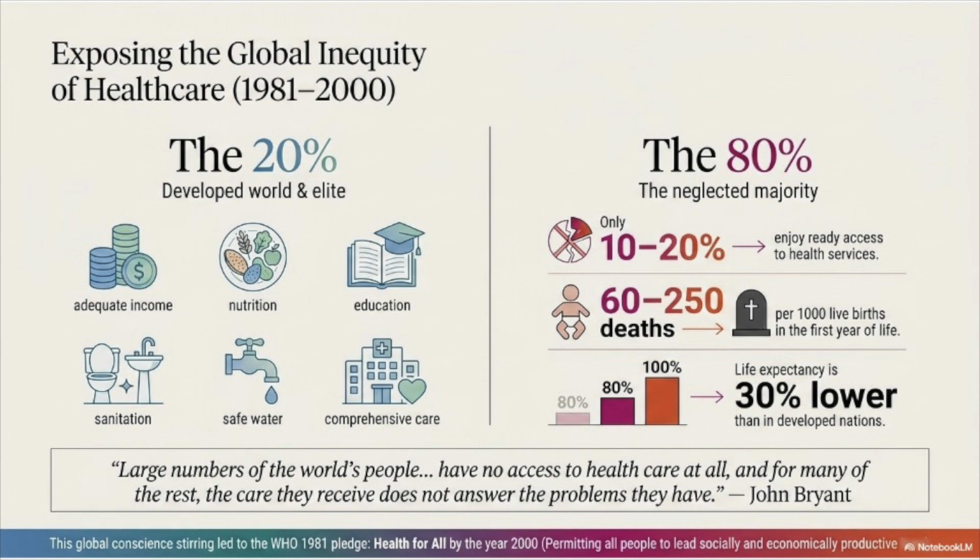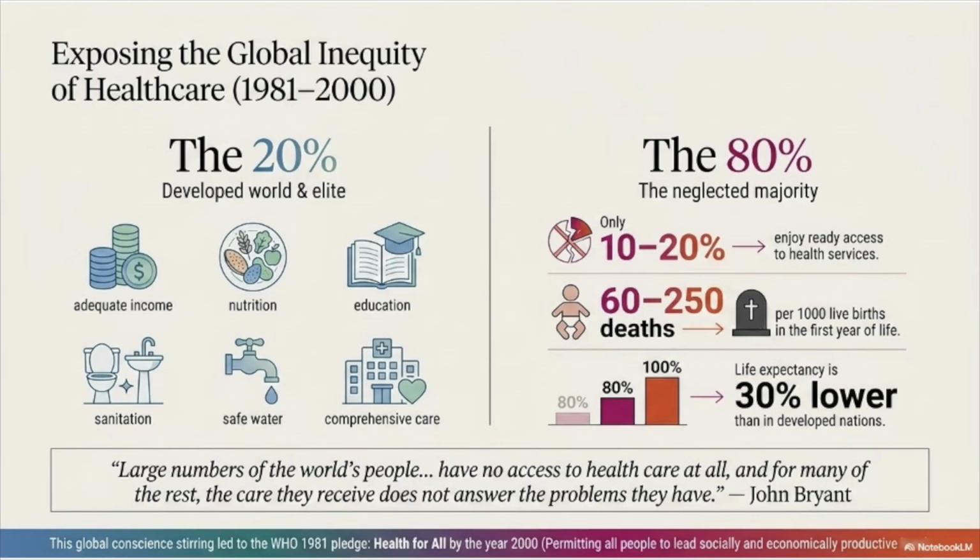It became evident that while a small proportion of the world's population enjoyed adequate income, education, nutrition, sanitation, safe drinking water, and comprehensive health care, a much larger proportion lacked access to even basic health services. Many low-income countries experienced higher infant mortality, shorter life expectancy, and poorer health outcomes.